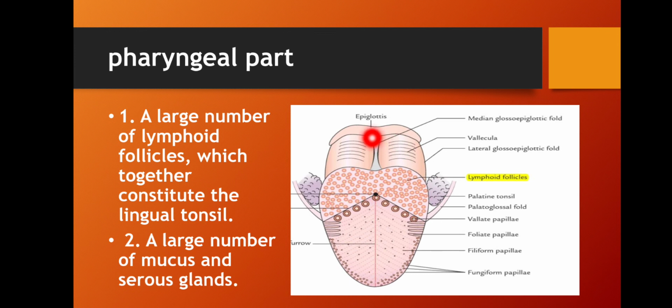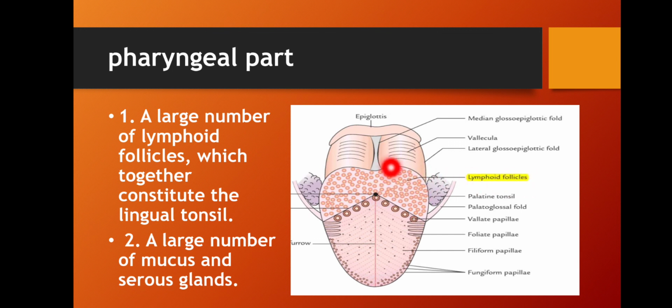Next, we will look at the pharyngeal part of the tongue. So which is the pharyngeal part? This is the pharyngeal part of the tongue. A large number of lymphatic follicles together constitute the lingual tonsil. So you can see that the whole pharyngeal part of the tongue is covered by lymphoid follicles, right?